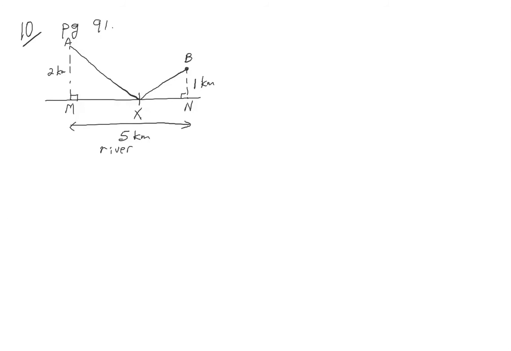Two pipelines will then connect the pump house to house states A and B. How far should point X be from M? So point X from M. So you have to read the question. So I let this be X, so that the total length of the pipeline is minimized.